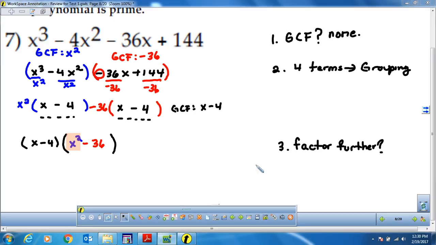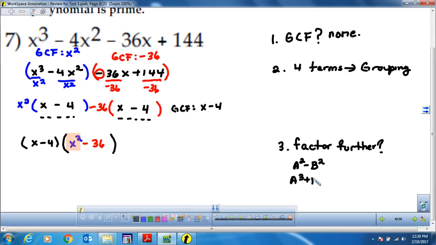Well, for any polynomial with 2 terms, just like the previous question, there are only 3 possible formulas: a squared minus b squared, a cubed plus b cubed, and a cubed minus b cubed. So right here, this one either looks like the first one, or like the third one because it has a minus in the middle.